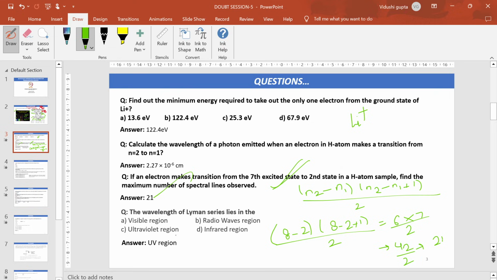Now moving to next. The wavelength of Lyman series lies in visible, UV, radio waves or infrared. So in Lyman series, what is the transition? Vijay?